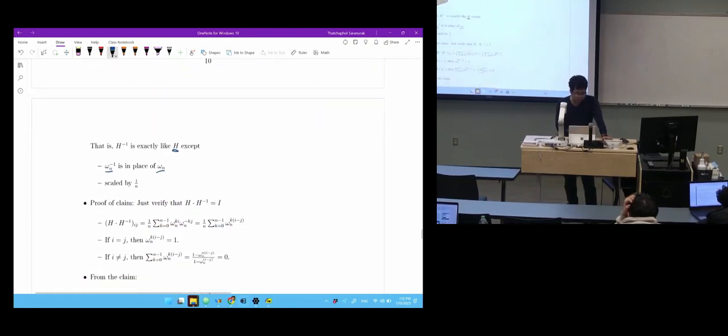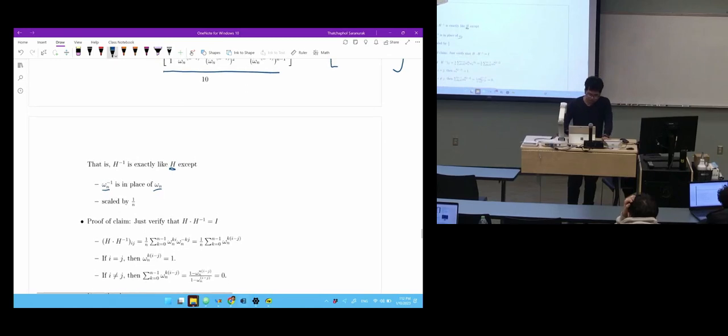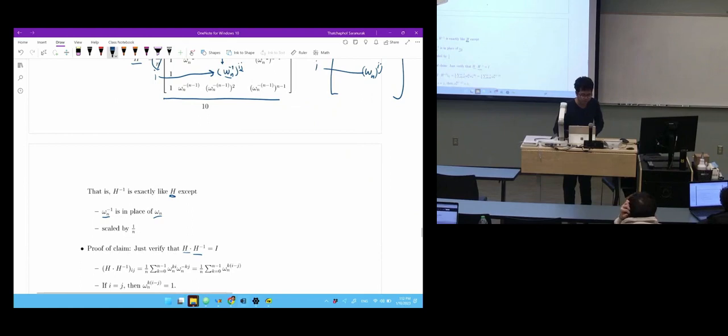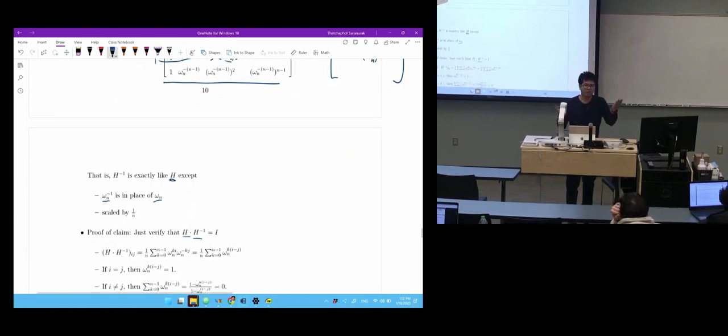Why is this claim true? Well, we can just verify that H times H inverse is exactly the identity matrix. And if that is the case, it must mean that what I just described here is exactly the inverse of H. If they multiply together and you get the identity, then you must be done.